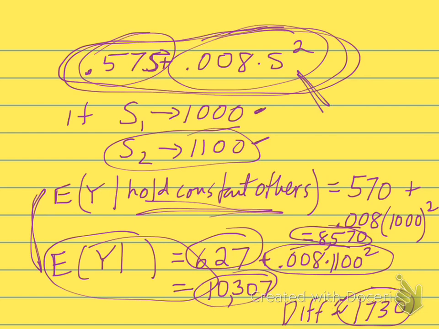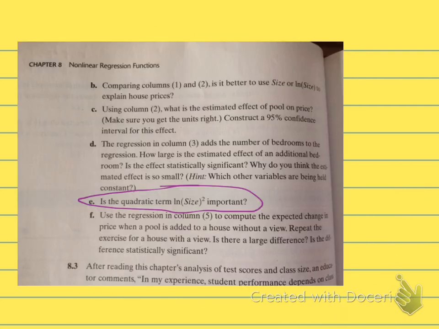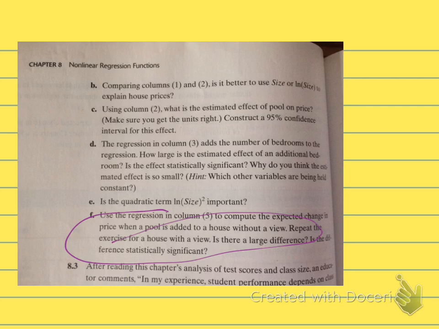So if this were our equation, the square term indeed would be pretty important. But since it's the log of size that we're squaring, we need to go back and double check and determine whether that's important.